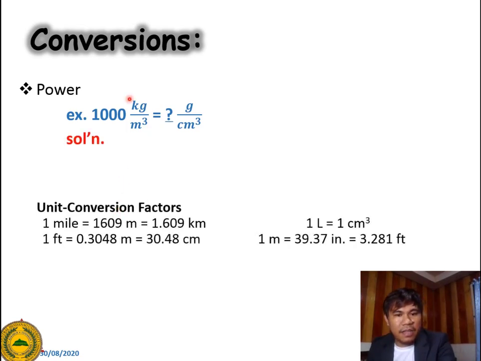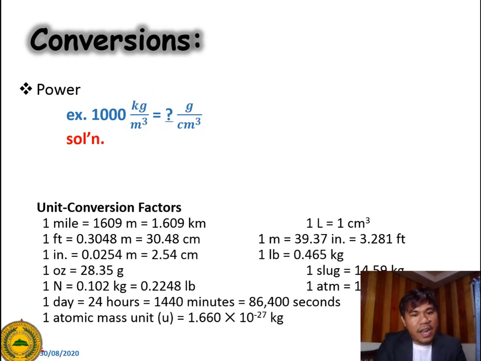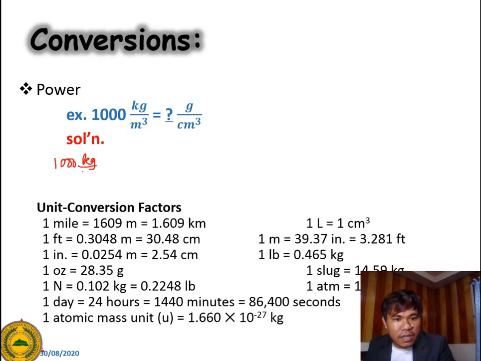Of course, it is basic that we know already the conversion factor of kilogram going to grams and then meter into centimeter. We write left hand side, that is actually 1,000 kilogram over cubic meter, and then again copy it, so you have 1,000 kilogram per cubic meter.